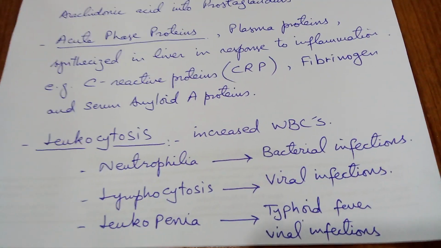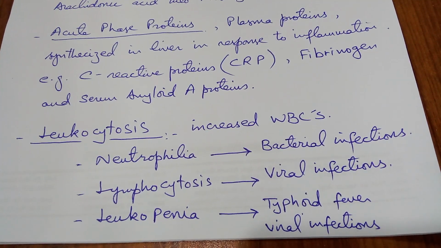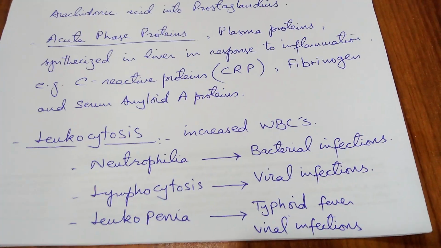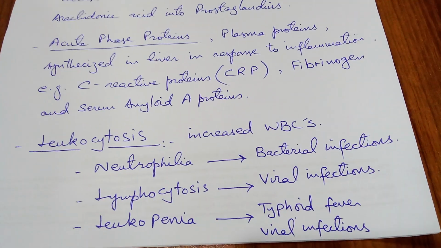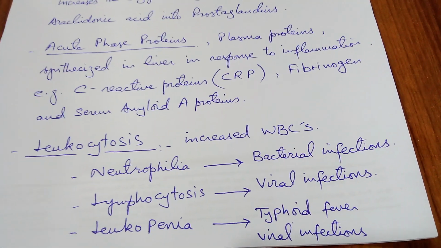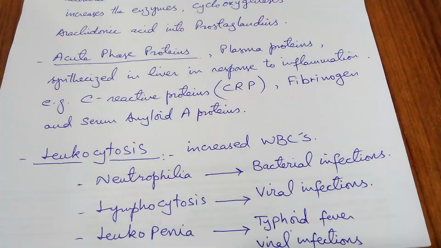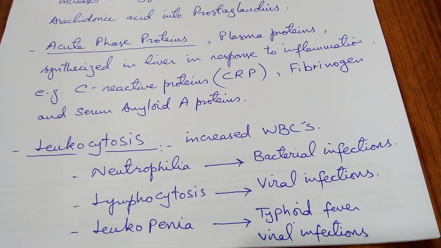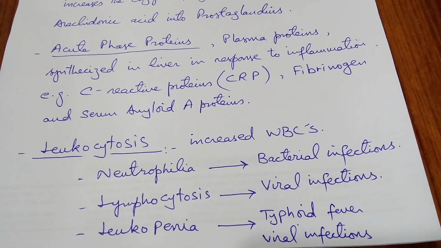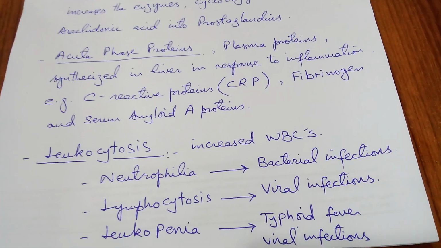Leukocytosis means increased number of WBCs in the blood. Students, this is a hallmark of inflammatory process or infective process. What happens? Neutrophilia. Neutrophilia means increased number of neutrophils.